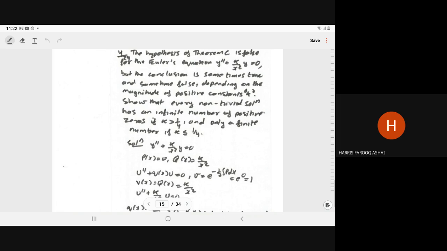But the conclusion is sometimes true and sometimes false, depending on the magnitude of the positive constant k, so that every non-trivial solution has an infinite number of positive zeros if k is greater than 1 by 4, and only a finite number if k is less than or equal to 1 by 4.